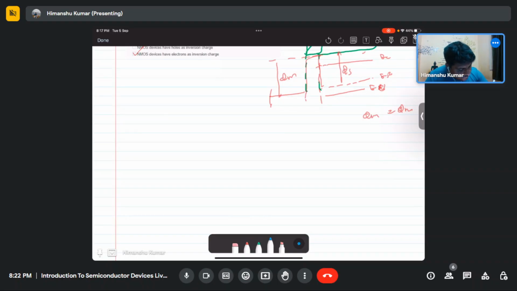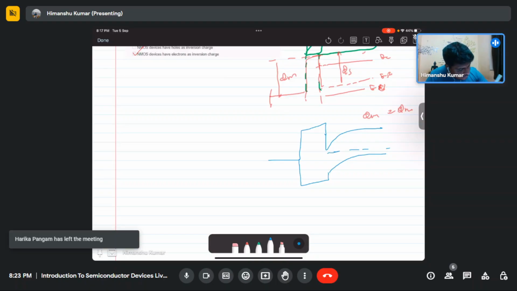So the whole band diagram will bend. Again equilibrium is maintained. Now at the surface, this is EF, this is EC. At the surface, as you can see, this EC minus EF gap has reduced.